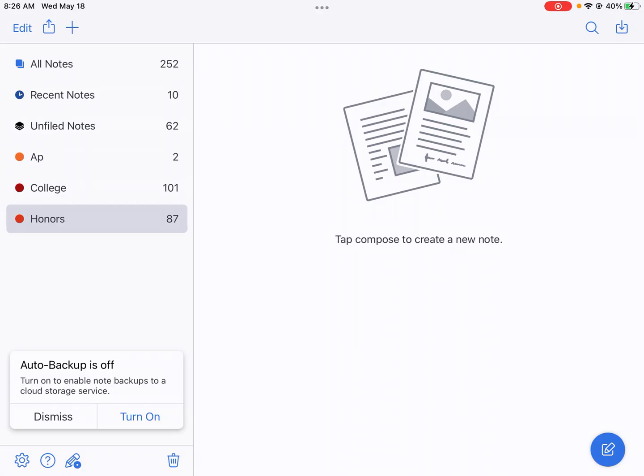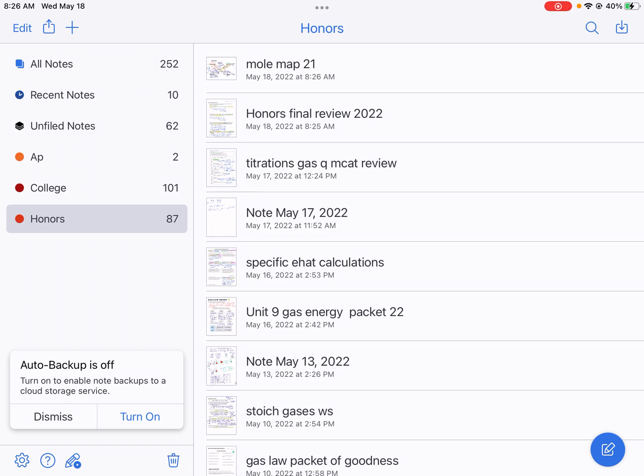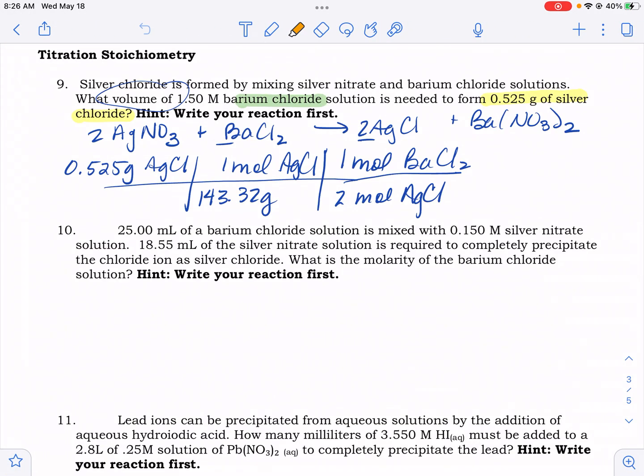So now we're going to divide by the molarity, which was 1.50 and the units are moles. So we're dividing, so we put 1 liter on top. Grams cancels, moles cancels, moles cancels. We have an answer in liters. Okay?